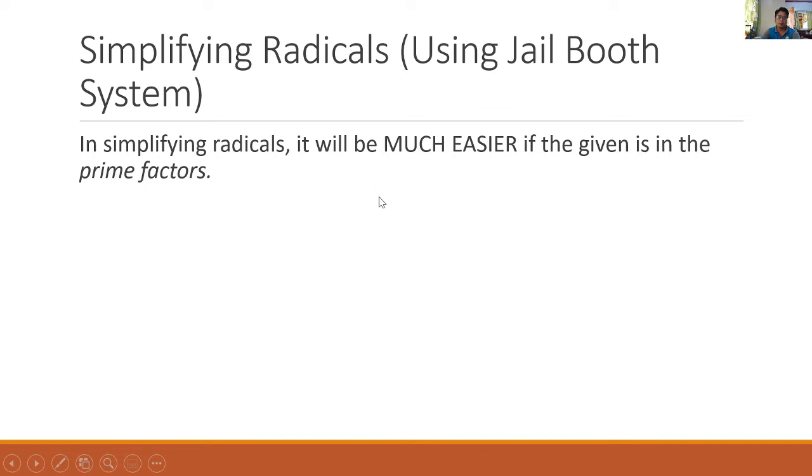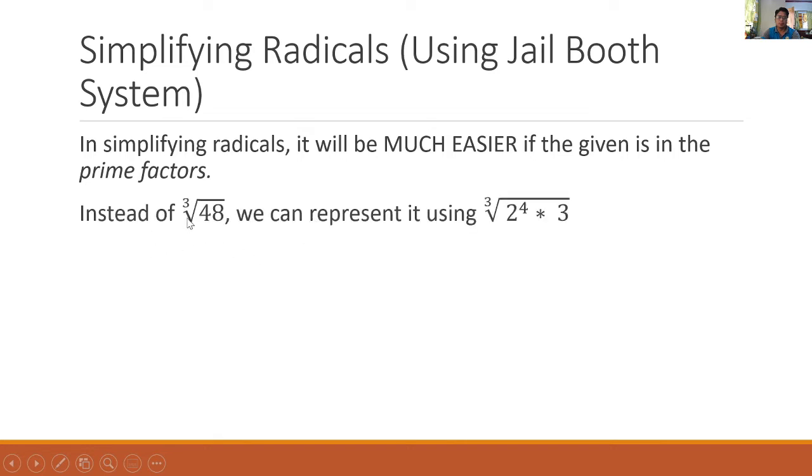Yung ginawa natin kanina sa 48, dapat ganun din po yung gagawin po natin. Now, instead of the cube root of 48, ito halimbawa yung given, we can represent it using, that's the reason why sabi ko, tandaan nyo yung ginawa natin sa 48. Ito, the cube root of 2 raised to 4 times 3.